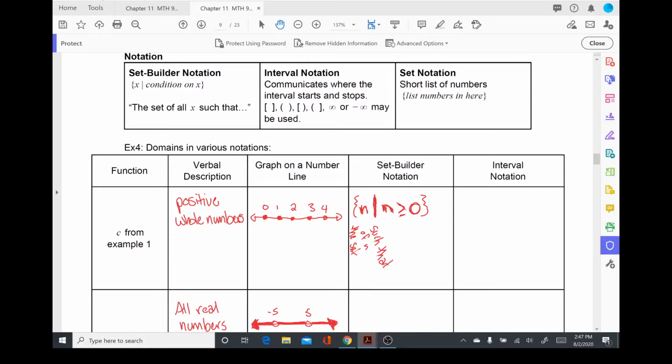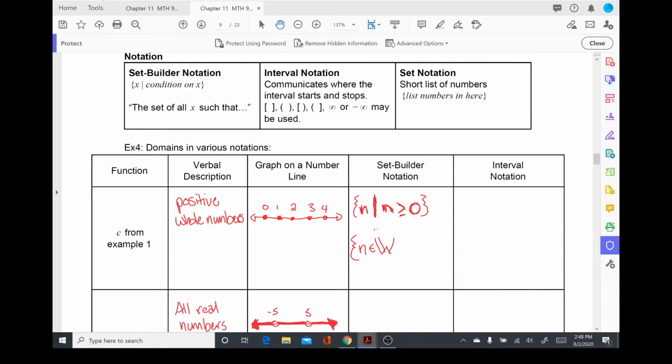Now, your book really doesn't go over this very much, but I'm going to add it in for those of you who care. I had said that I only wanted positive whole numbers, and so you can add a little bit of extra notation to allow n to be positive whole numbers. What you'd say here is n is an element of, and the symbol for whole numbers looks like a W with an extra line in it, the set of whole numbers.